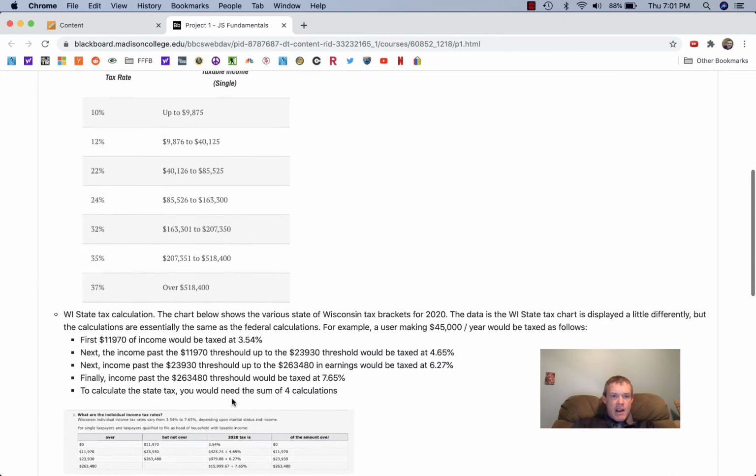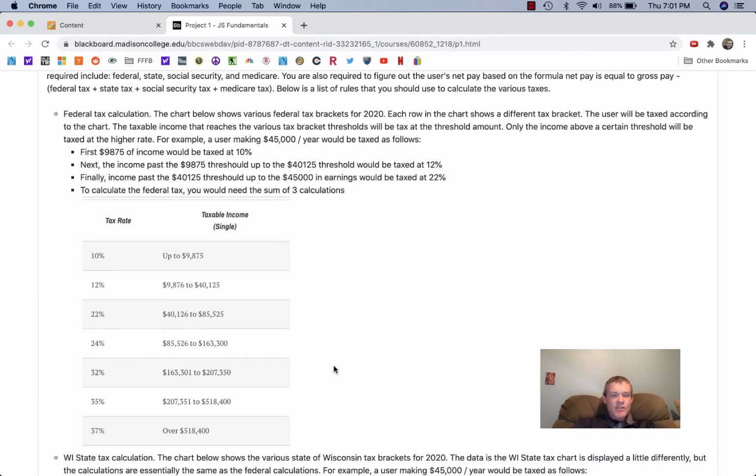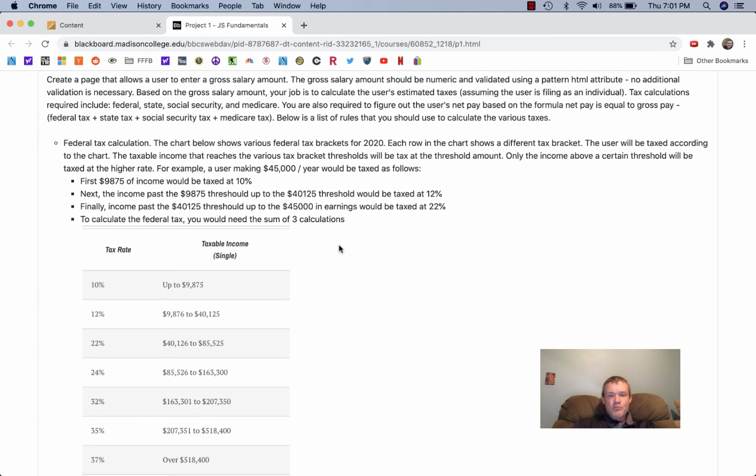If I scroll up now, we get into the details of how we actually calculate those taxes. All of the tax information is targeted at single filers. So we're not filing married joint or married single. We are filing as single taxpayers. Obviously this wouldn't necessarily apply to your tax situation, but it's a tax calculator as if I was filing as a single filer.